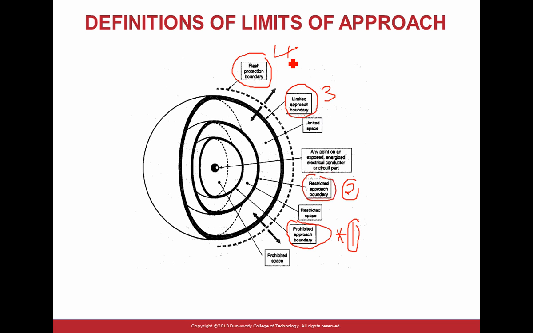The limited is even a little bit further, like 3 feet. In that limited area, 3 feet around the equipment, only the people who are working with the equipment, who are qualified and in their PPE, can enter that circle.